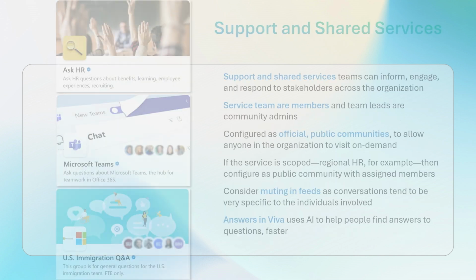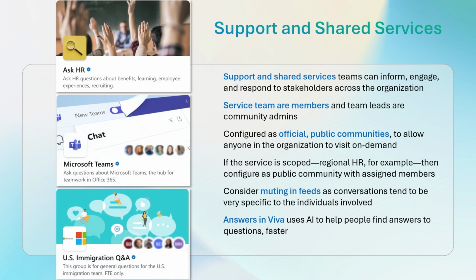So now when we transition to something that's slightly less structured, there are scenarios related to support and shared services where you might have a particular discipline that needs to provide answers and a response to employees. So a good example would be human resources, right? There's always lots of questions about benefits, policies, timing, enrollment.